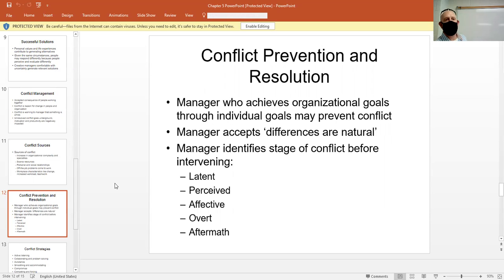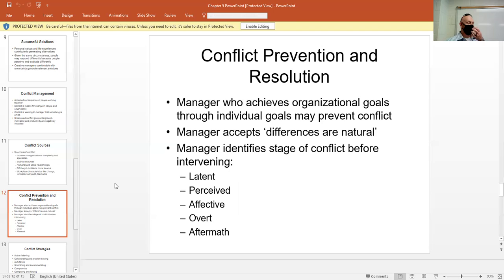As a manager, you don't want to be that manager that at the first sign of conflict, you stop what you're doing and jump in and try to put it out. That's not effective. It's not smart. It's not the best use of your time, because what's going to happen half the time? Yeah, it's going to work itself out. And you've made a bigger deal out of it by jumping in the middle of it.